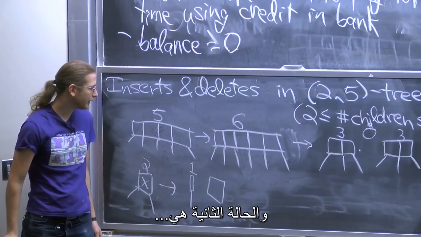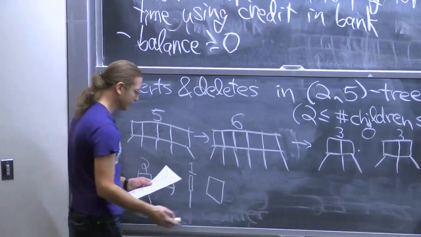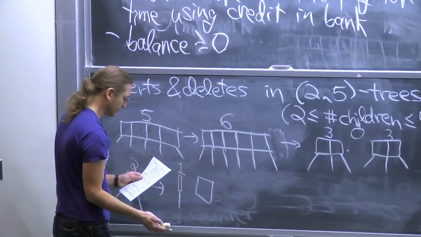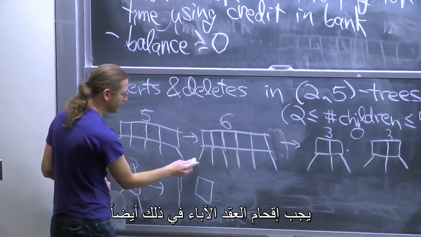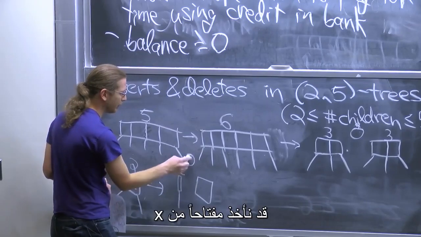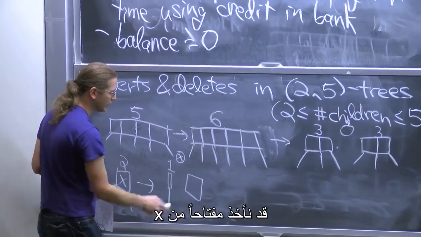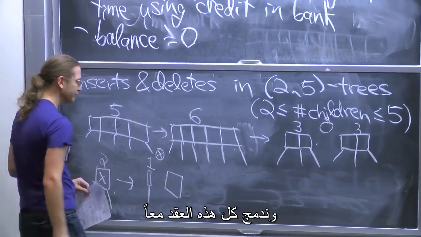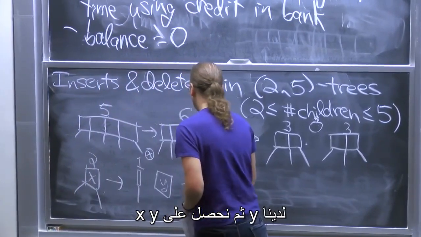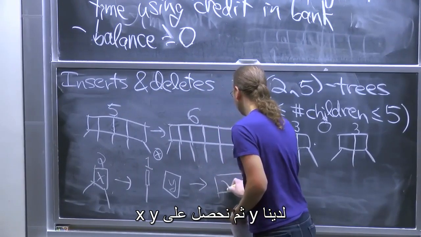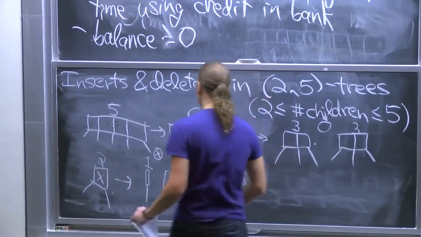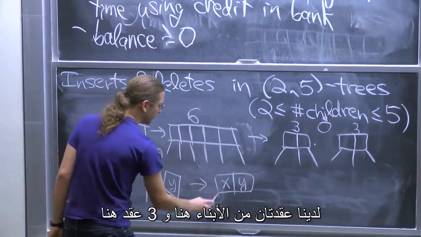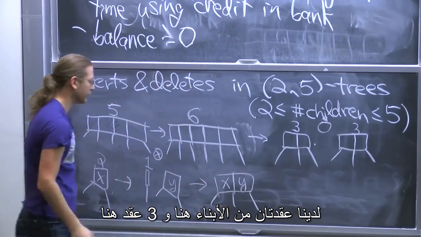But the other case is that I'm also going to have to involve my parent. So maybe I'm going to take a key from x and merge all these things together. So this is y. Then what I get is x, y. I had 2 children here, 3 children here.